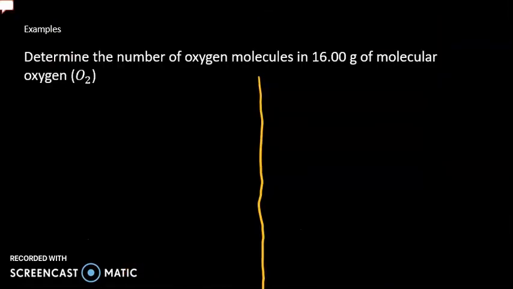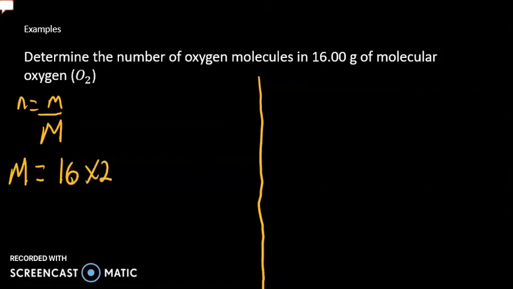So how do we find the mole? I've given you the formula for finding the mole, which is mass divided by molar mass. We know our mass already, but we don't know our molar mass. So how do you find the molar mass? The molar mass is simply the same as relative molecular mass. So for oxygen, the relative atomic mass is 16.